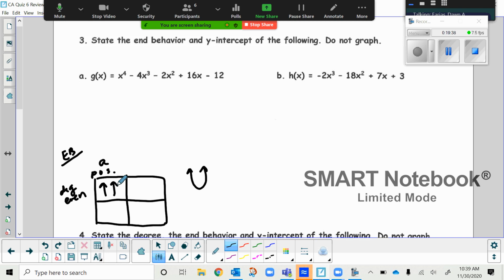But if you change your A to negative, what happens to that graph? It flips over, right? And so then if your degree is even, your A is negative, your end behavior becomes down, down.